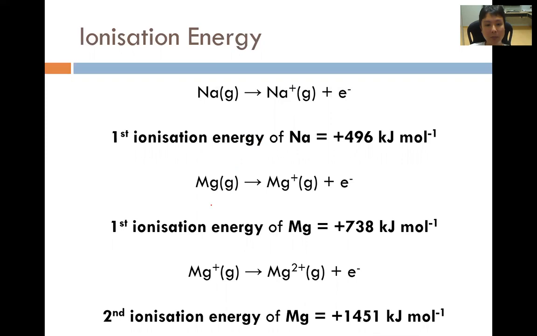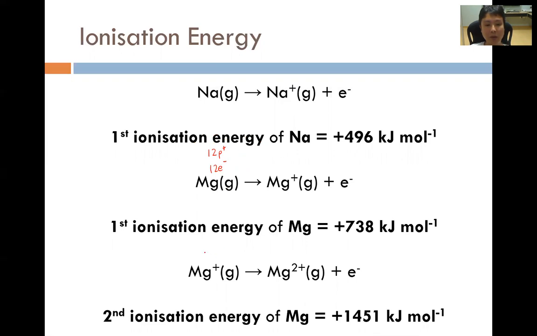If you look at the number of protons and number of electrons for the magnesium gaseous atom, we would know that it actually has a total of 12 protons and 12 electrons.